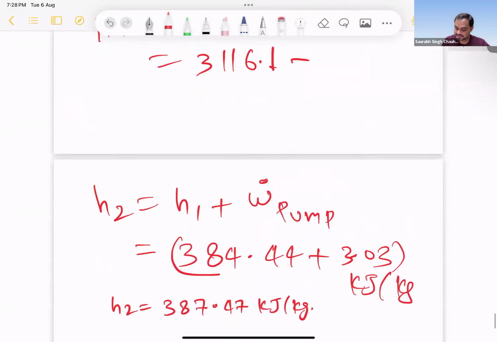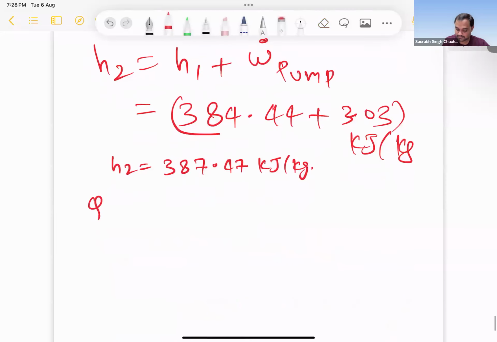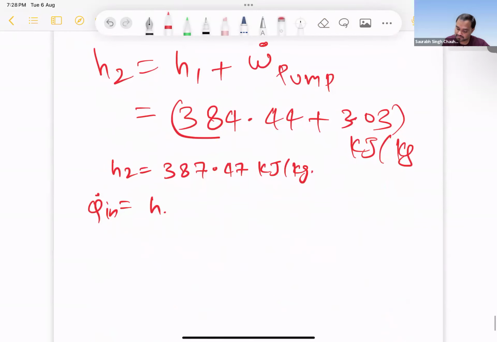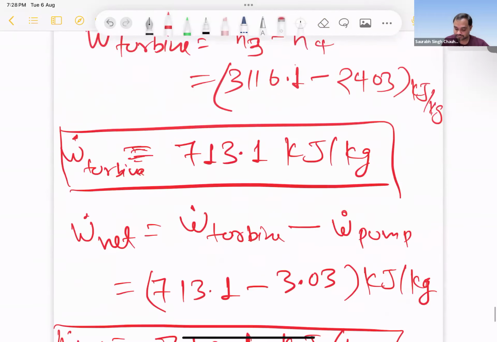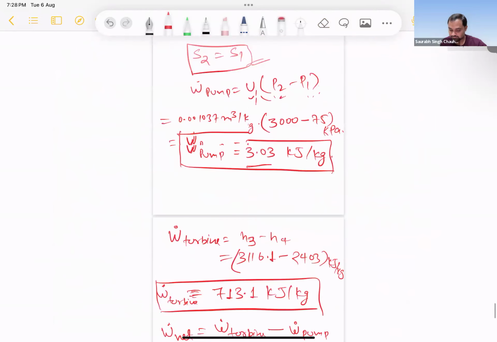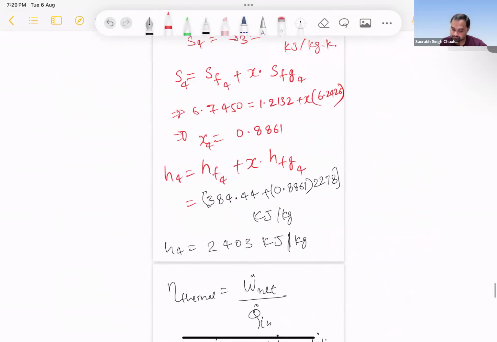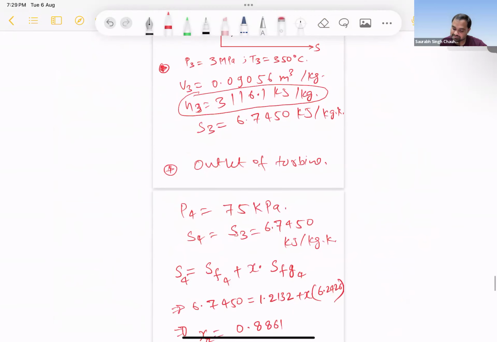So just substitute this H2 to calculate Qin. It will be equal to H3 minus H2. Where is H3? H3 is 3116.1.